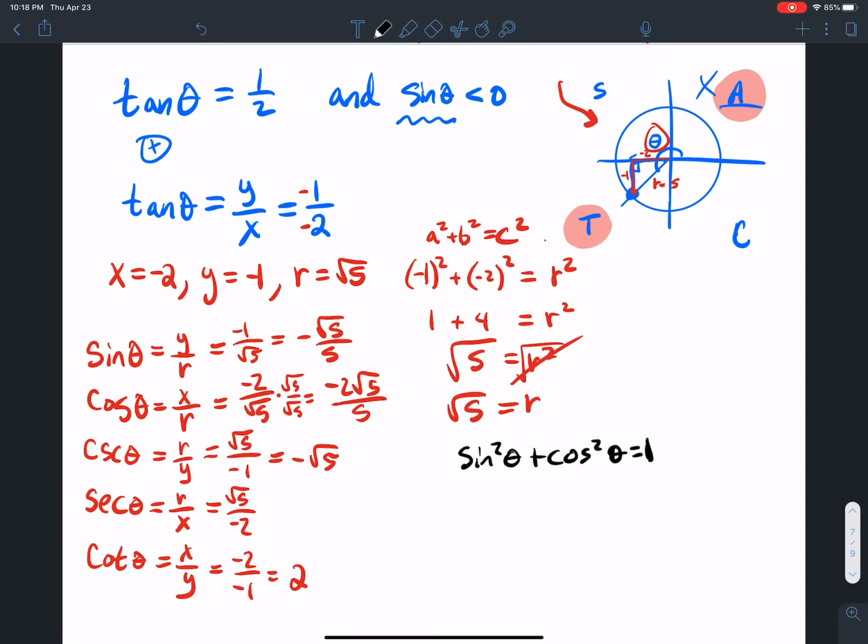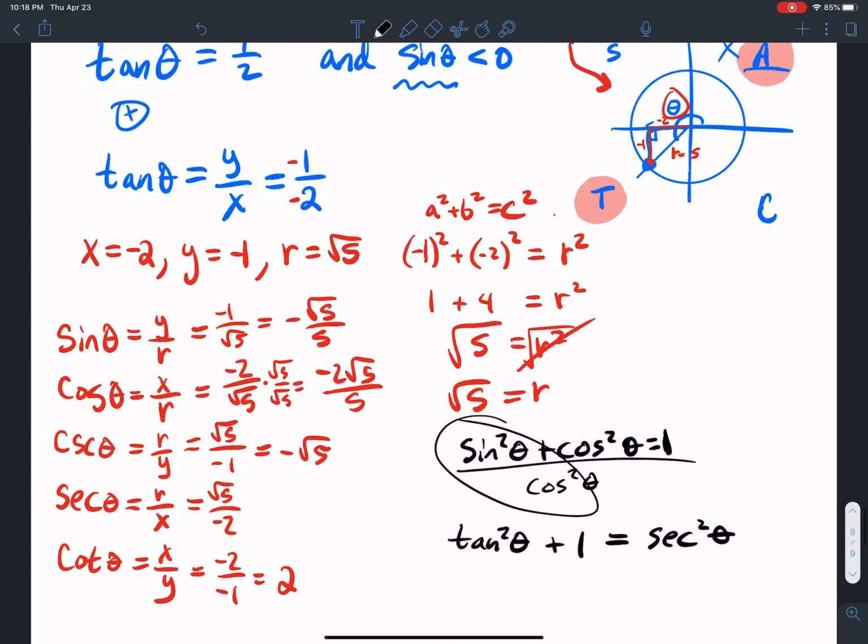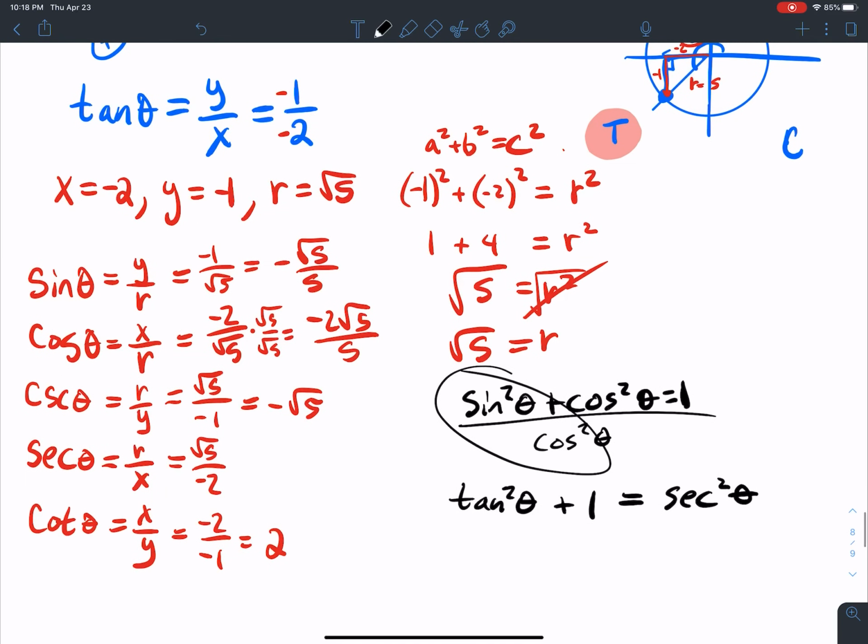I don't memorize any of them except for this one. I can derive the tangent squared one by dividing through by cosine squared. So sine squared over cosine squared gets me tangent squared, plus 1 equals 1 over cosine squared, which is secant squared theta. That's how I always think about it, right? However, you can memorize it. I don't care. Just make sure you know it.